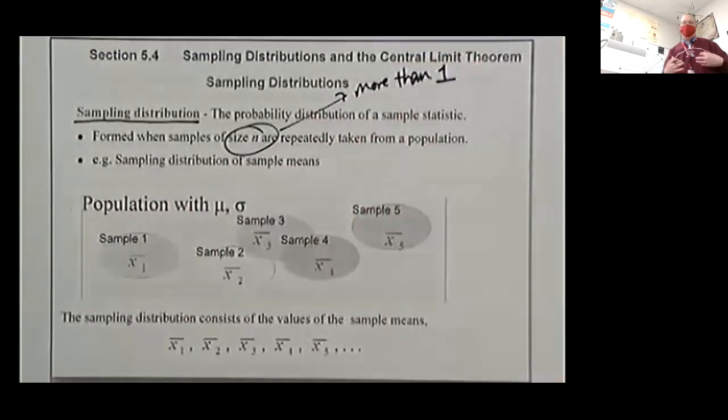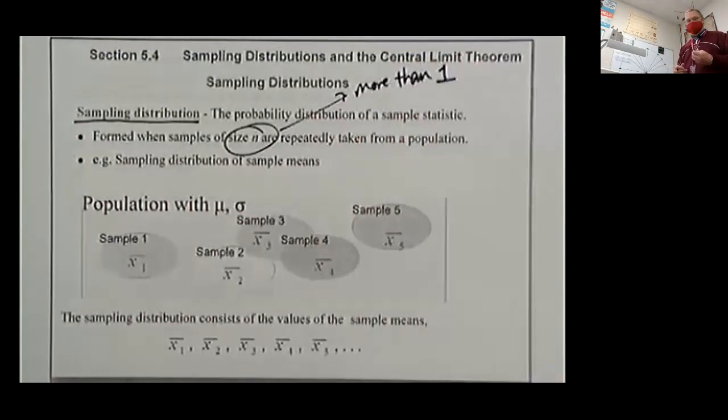When you look at the problems in the homework, it's going to be more than one person. That's going to be a sampling distribution, not just a normal distribution. That's going to change a little bit of the math, and on the test, it's going to change some of the stuff you're going to have to do math-wise, so pay close attention to that.